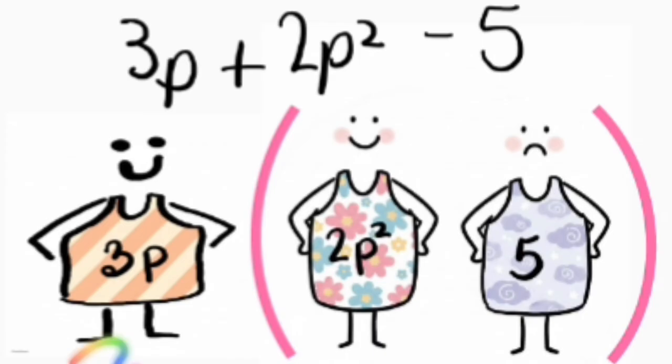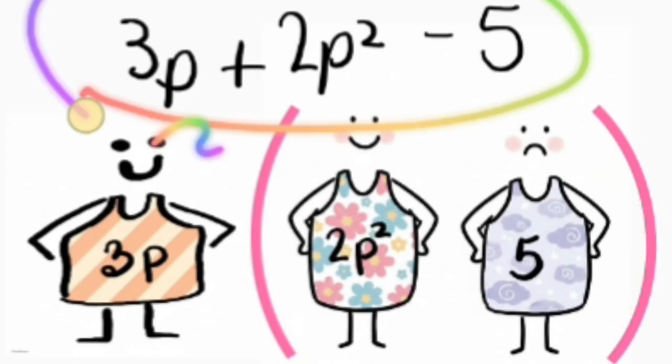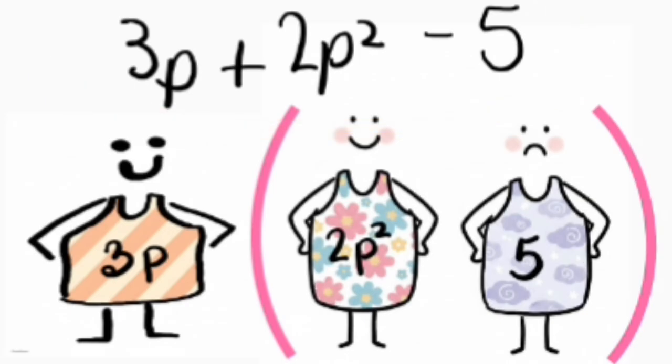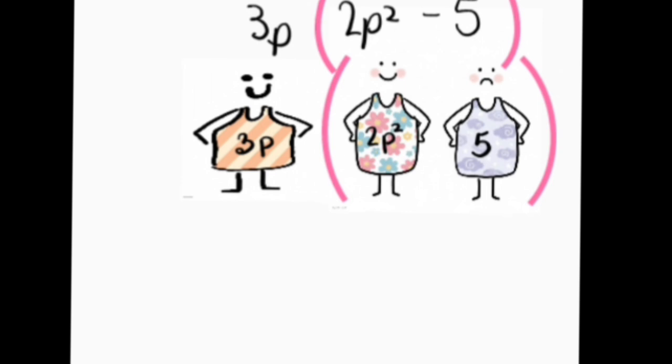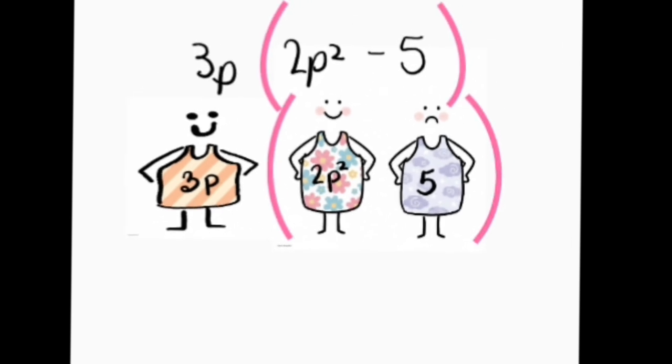Binomial, good. And what type of polynomial is on the outside? A monomial. Now, once I put a parenthesis around this group here, that changes the problem. It's no longer this, because that plus sign has to go now. That is a different problem now.